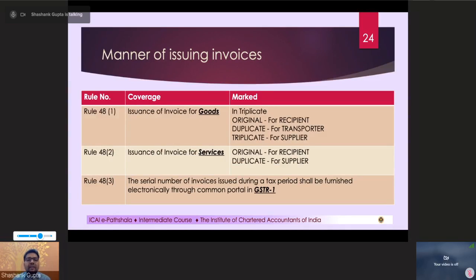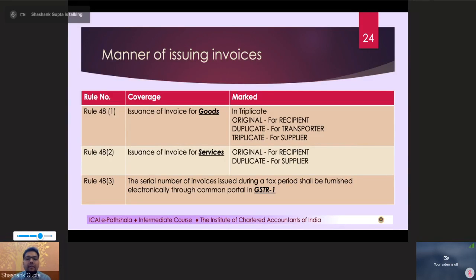How many copies of invoice is required to be issued? In case of goods, the invoice is required to be issued in triplicate. Why triplicate? Because original will be for recipient, duplicate will be for transporter, and triplicate will be for the supplier.